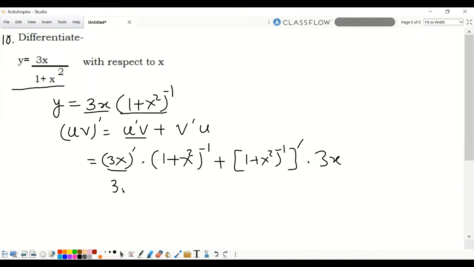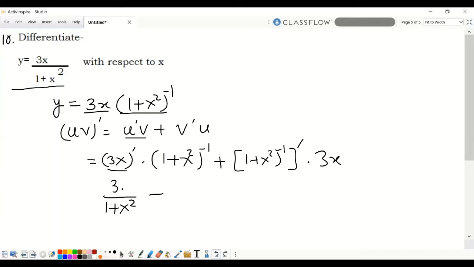And since nothing is done with this one, I will keep it back where it was. Now plus, the differentiation of this one: this is -1 already, so we'll bring that -1 in front, so that means the coefficient will become negative.